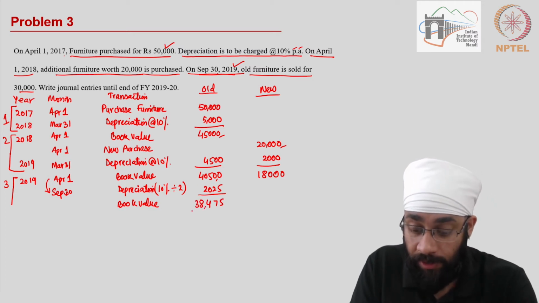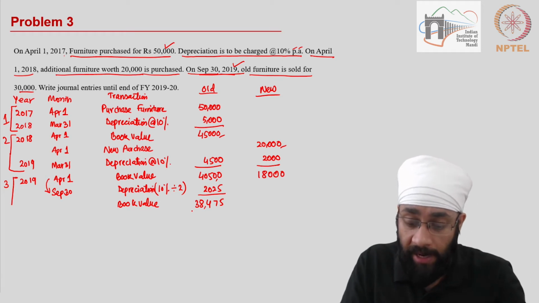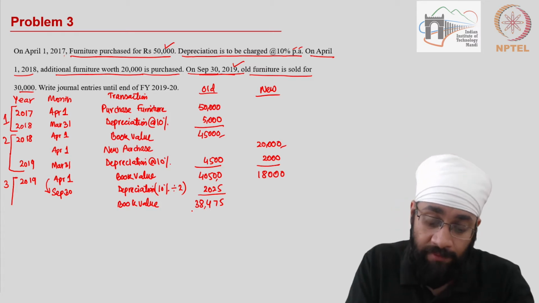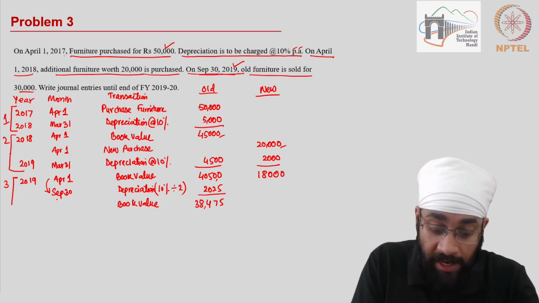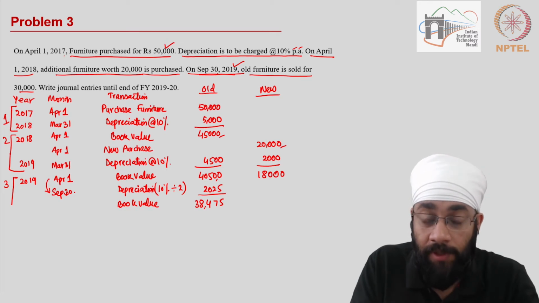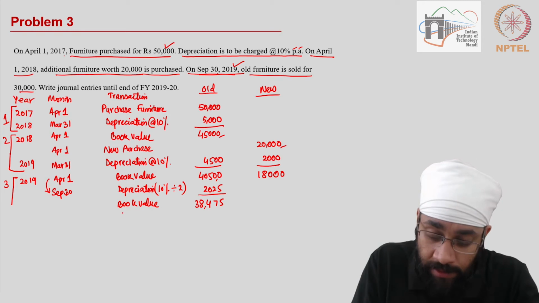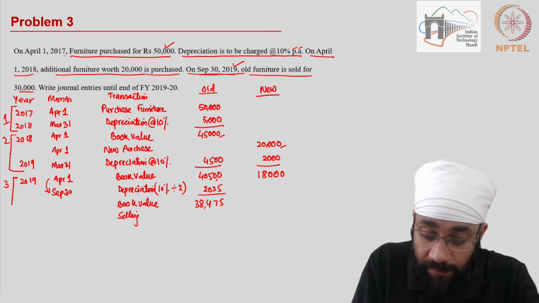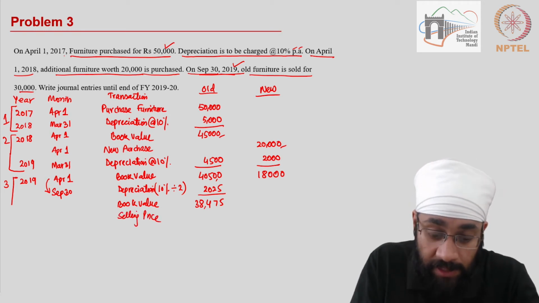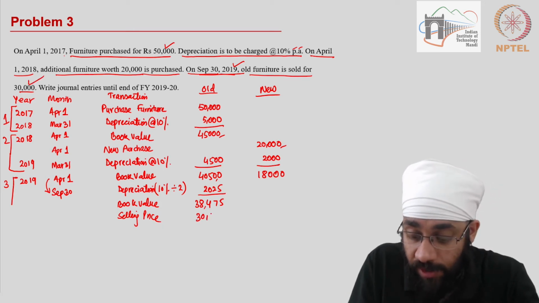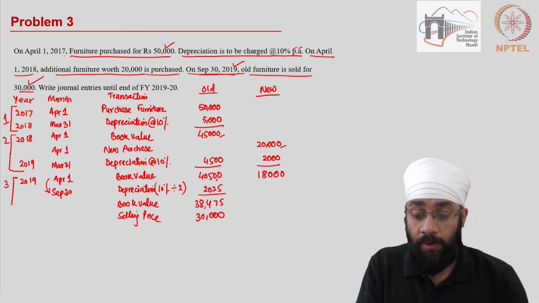38,475. This is the new book value that you have for this furniture on 30th September. What is the price at which you sold the furniture? The selling price is 30,000. You sell the furniture for 30,000. But guess what?